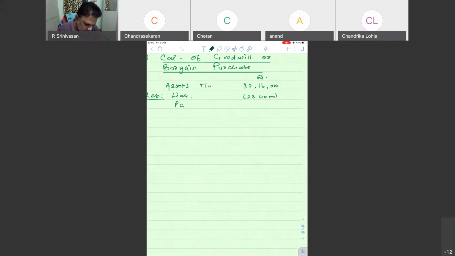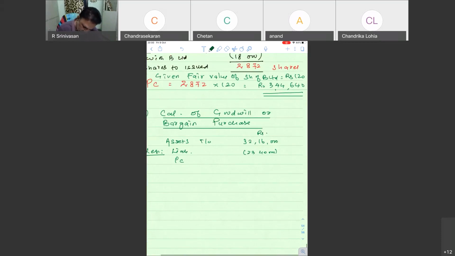And how much is our purchase consideration? 3 lakh 44,640. We write it as consideration instead of purchase consideration, because here we have to calculate it as consideration.